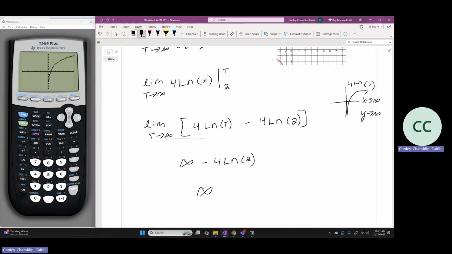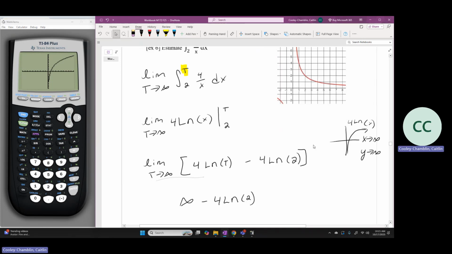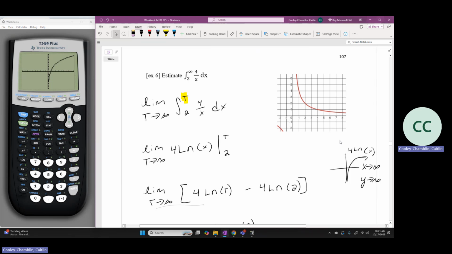Okay, so we're saying there's infinite area under the curve from 2 to infinity, because remember, when we're taking a definite integral, we're finding the area under the curve to the x-axis, finding this area, and there's just an infinite amount of area.